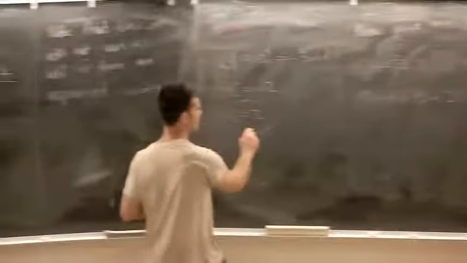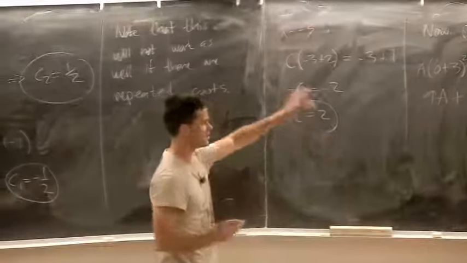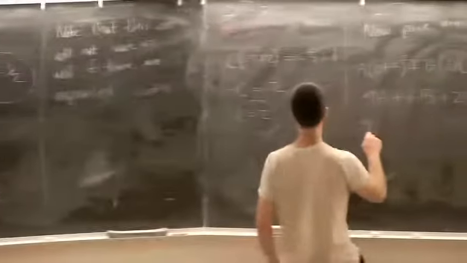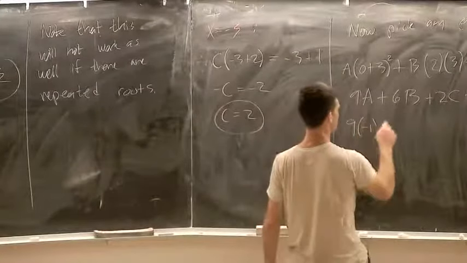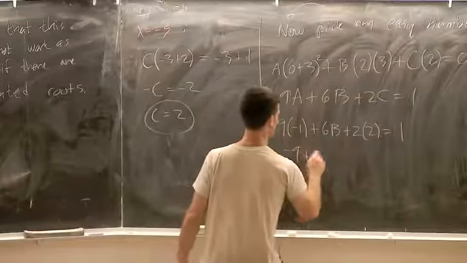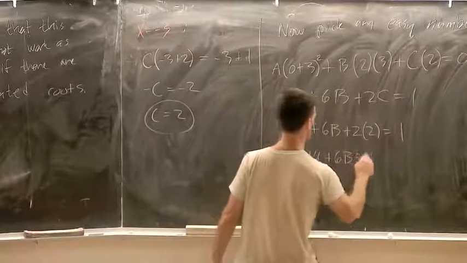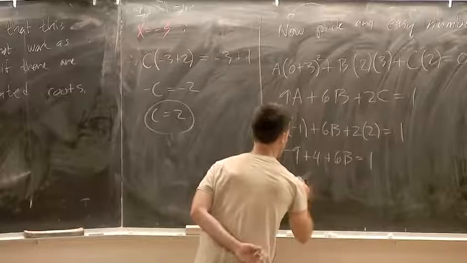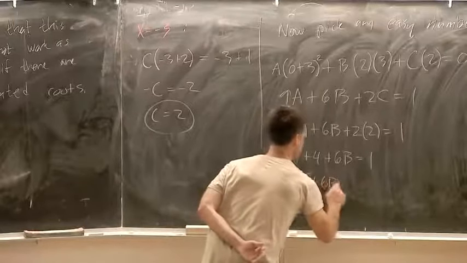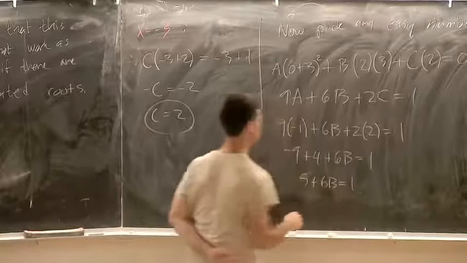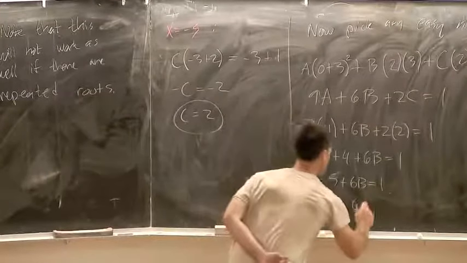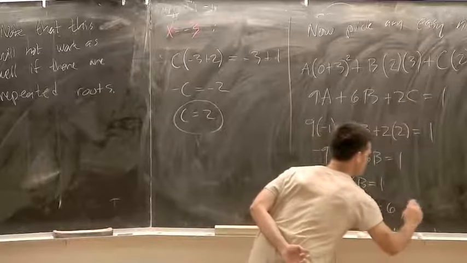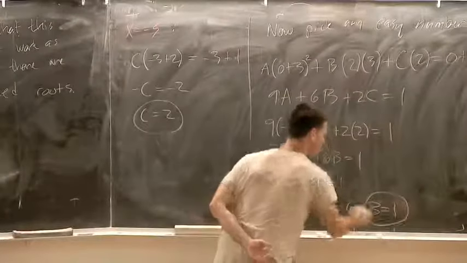Now let's use the fact that we already know what C and A are. 9 times negative 1 plus 6B plus 2 times 2 equals 1. Negative 9 plus 4 plus 6B equals 1. So negative 5 plus 6B equals 1. Did I do this right? 6B equals 6. So B equals 1.